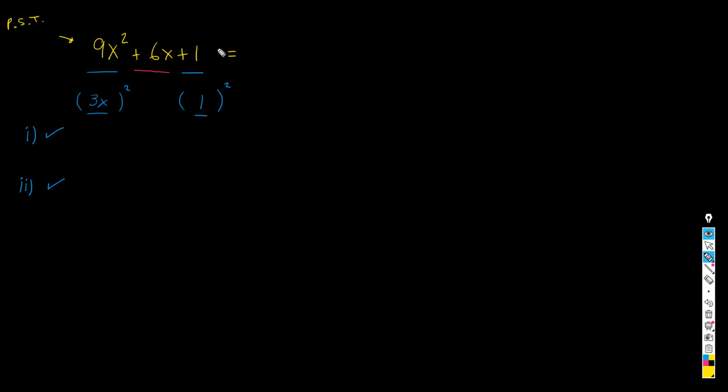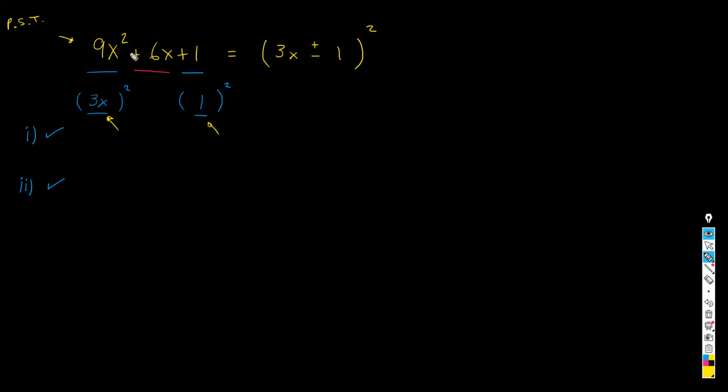And now we can go to the writing of this as a binomial to the square. And remember, in here, there is going to be either a plus or a minus, depending on whether this is plus or minus. So what are going to be the terms that make up my binomial? They're going to be the ones that you wrote in here, 3x and 1. So let's write them down. 3x and 1. And what sign am I going to choose, plus or minus?